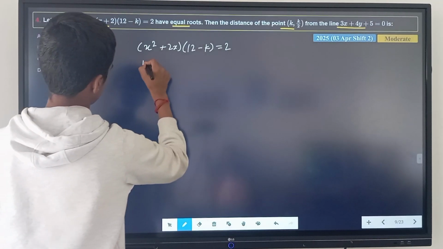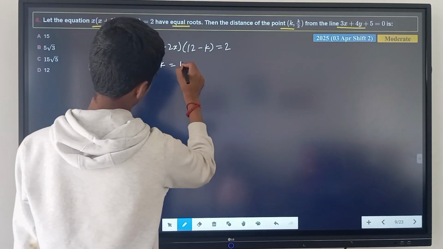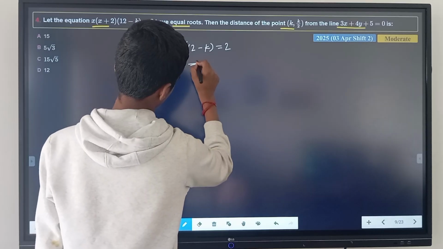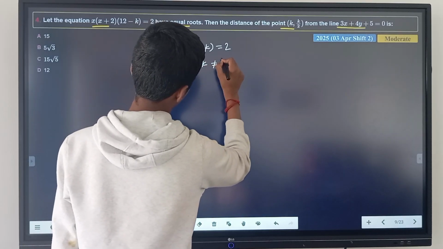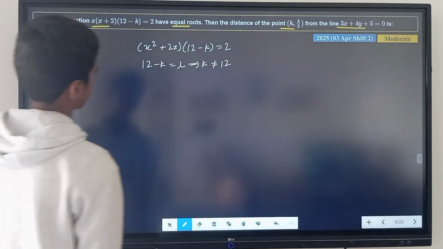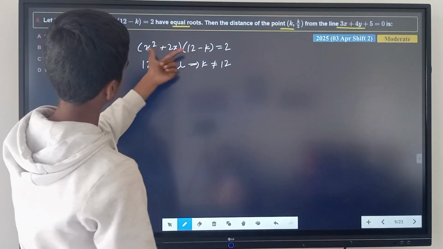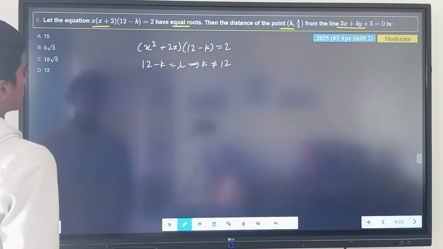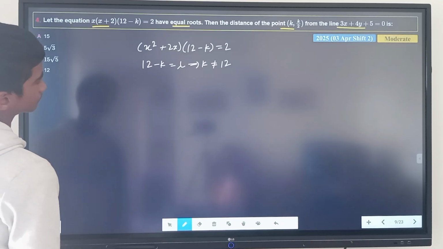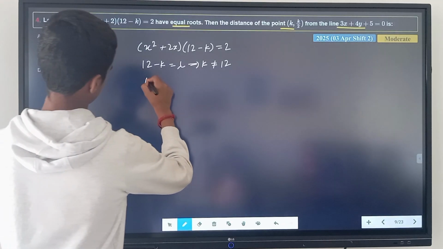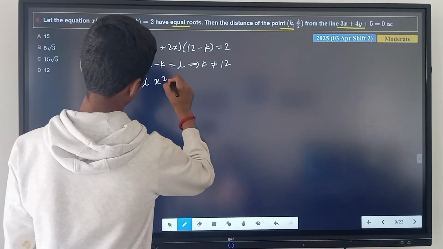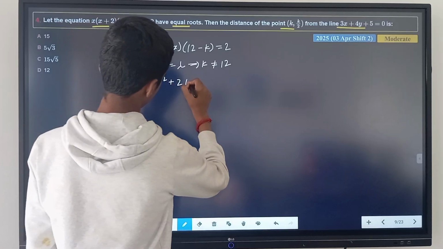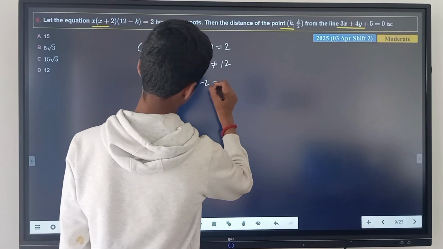Now here, let our 12 minus k be equal to lambda. So from here we can say k should not be equal to 12. If k will be equal to 12, this will be 0, and 0 is equal to 2. It is not possible. Now, from here we will get lambda x square plus 2 lambda x minus 2 is equal to 0.